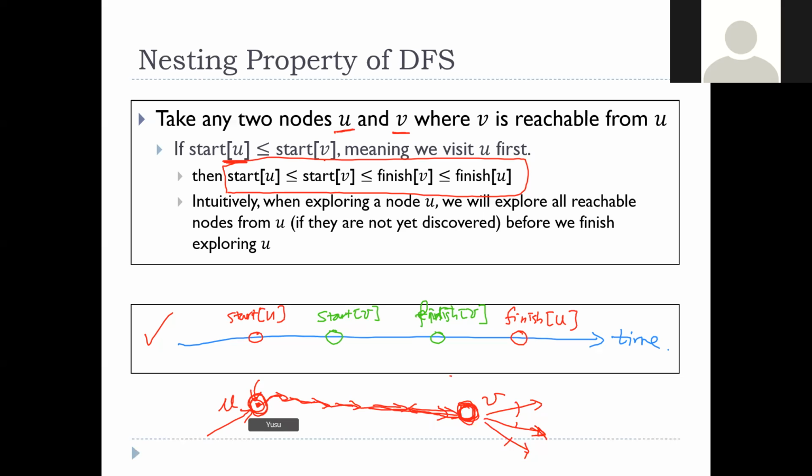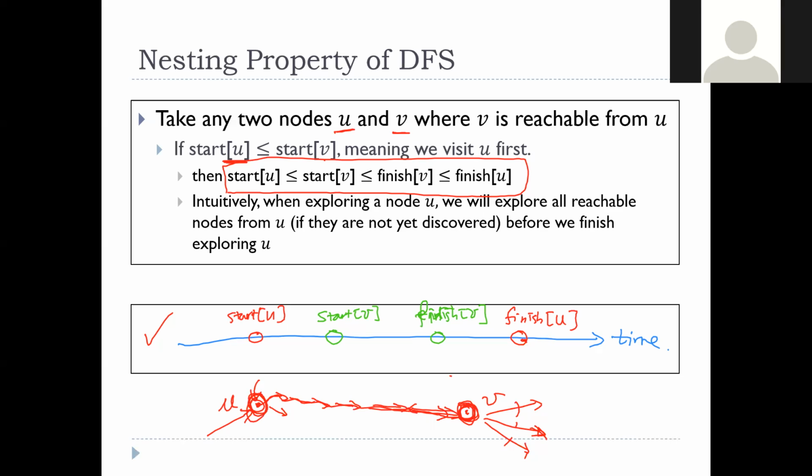And then if U has other neighbors, I still have to finish them before I finish U. That's why the finishing time of U will be later than the finishing time of V. In other words, it'll be later than any nodes that are reachable from U. Okay, so this is a very important observation.